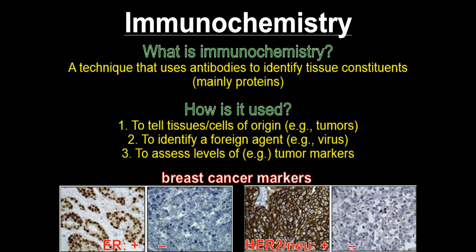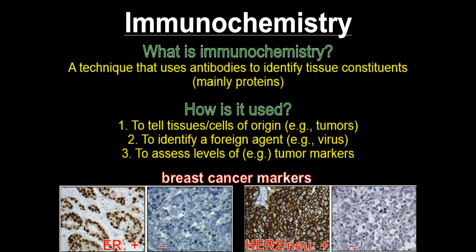So estrogen receptor, shown on the left side here, is illustrated by the positive estrogen receptor breast cancer on the left and the negative estrogen receptor breast cancer on the right. Estrogen receptor provides a mechanism whereby medical oncologists can treat a patient with breast cancer using hormonal manipulation.